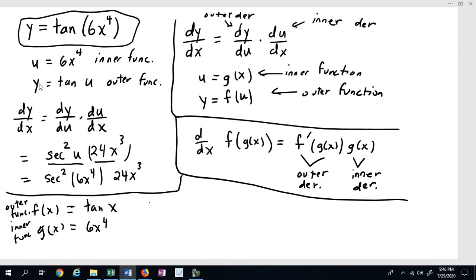Now notice, if I say f composed with g, in other words, f of 6x to the 4th, then when I form this composition, I do get tangent of 6x to the 4th.